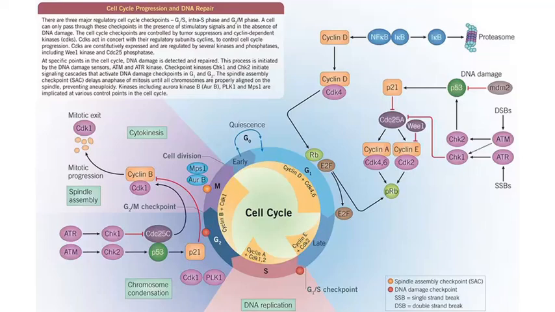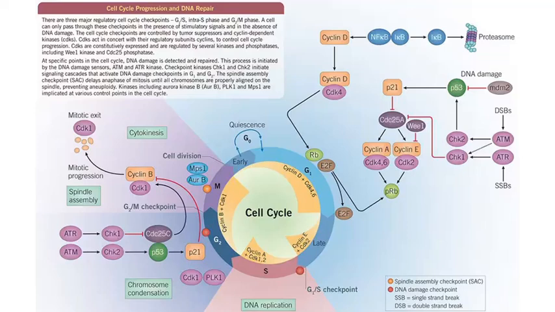So, what are the most important control mechanisms for the G1 to S phase transition? The G1 to S transition is controlled mainly by cyclins and cyclin-dependent kinases, or CDKs. Specifically, cyclin D and cyclin E, along with their corresponding CDKs, play key roles.